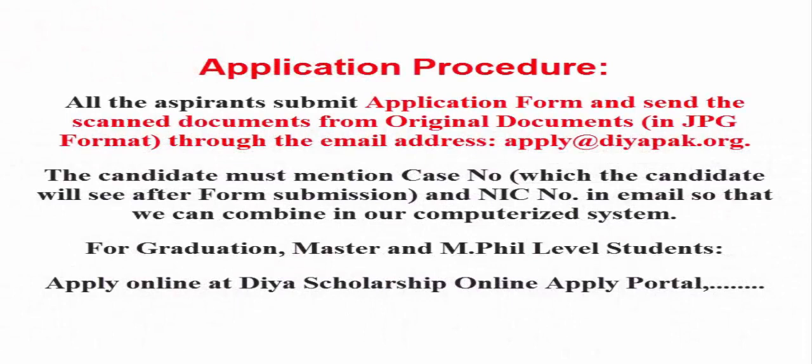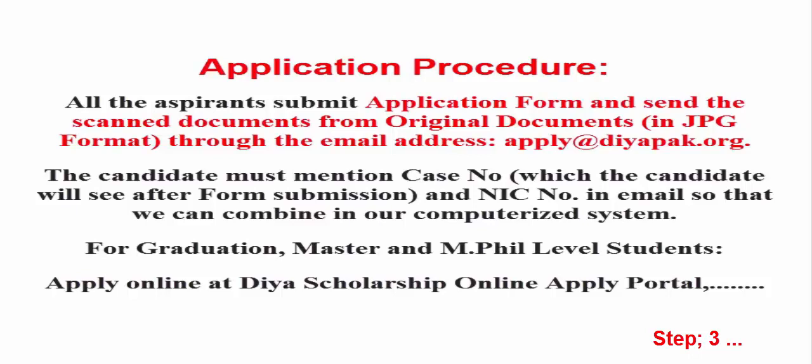Now the application procedure. Firstly, I have to explain in the description. After that, we will apply online through one link. All applicants need to submit the application form online first, and then submit scanned documents by email. The candidate must mention the case number, which the candidate will see after form submission.